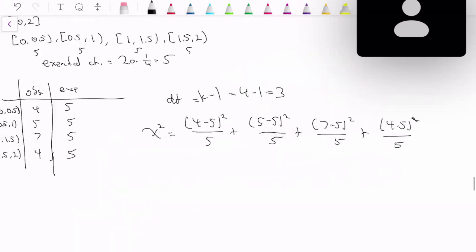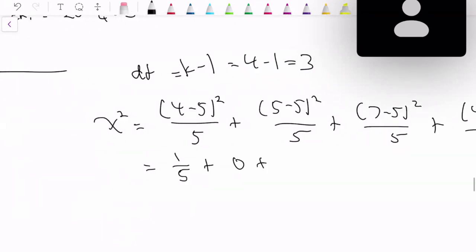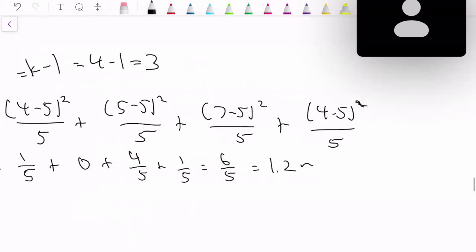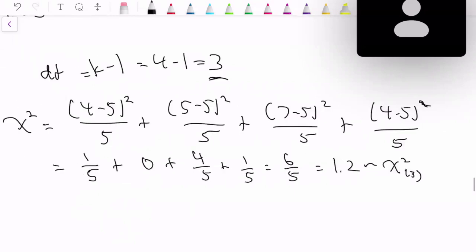So it'll be 1/5 plus 0, 4 over 5, 1 over 5. So this is just 6 over 5, so 1.2. And this follows chi-squared with 3 degrees of freedom.